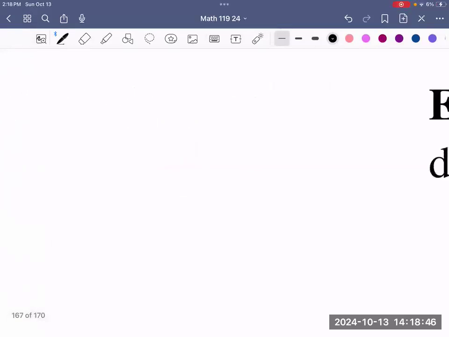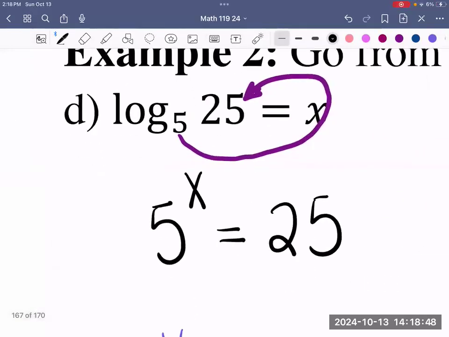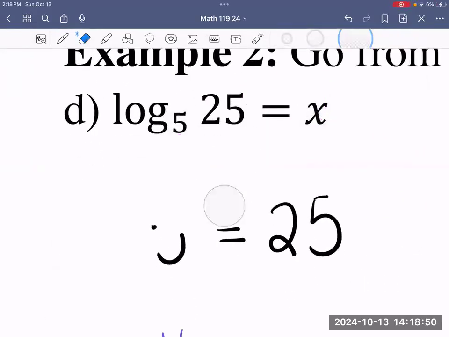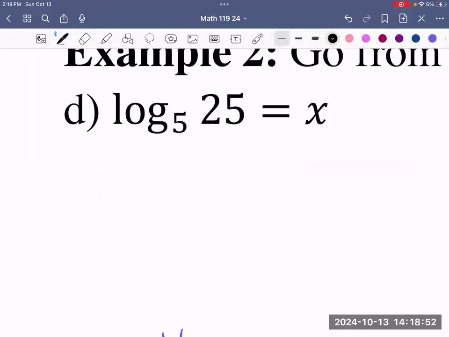If I were to go in the reverse, so I'll erase really quickly this one. If I were to go into the reverse, right, well, I have a base of 5 here, so I get to write everything to the base of 5 as an exponent. What I do to one side, I do on the other. So what it allows me to do is that it cancels with my logarithm and my 25 comes down.